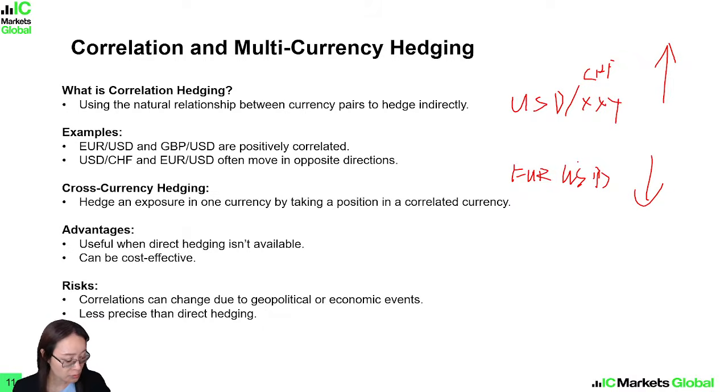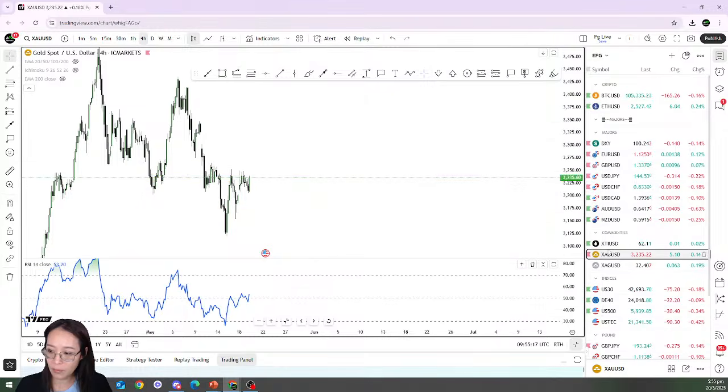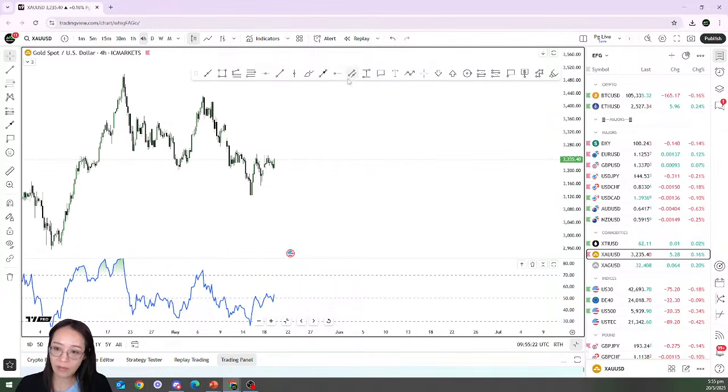For example, if you want to sell gold, sometimes you might go to EURUSD or GBPUSD to look for the key level. For example, say I'm on H4 and I identify this as my key level.